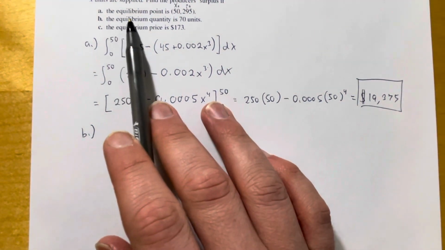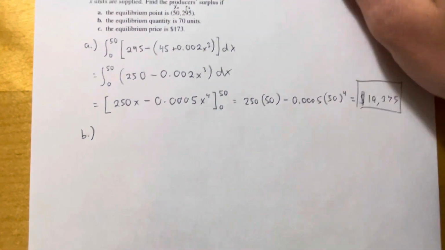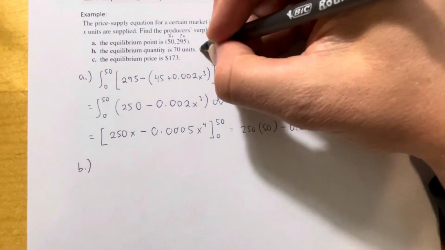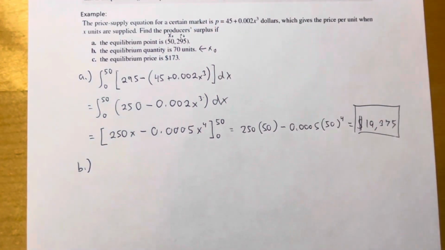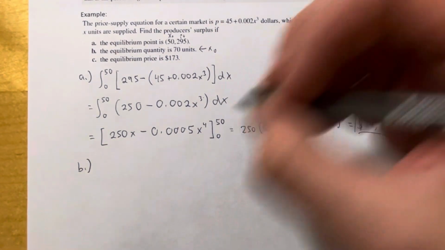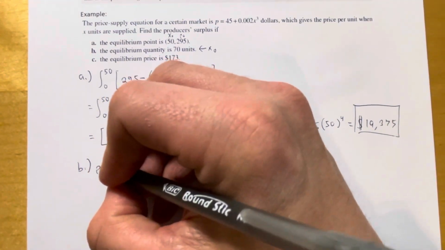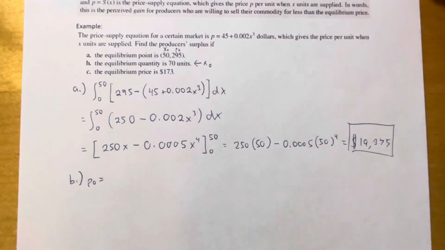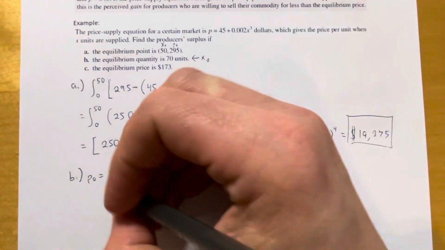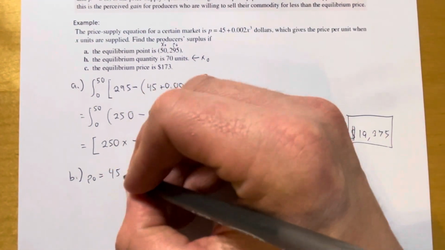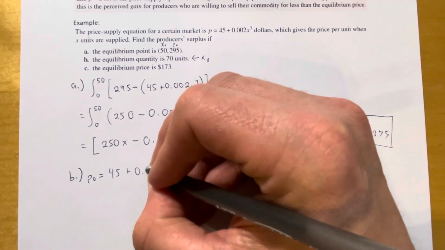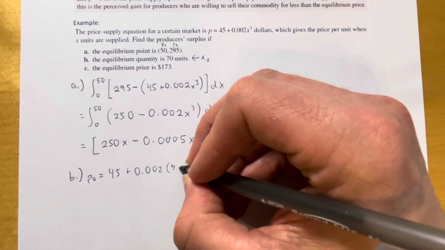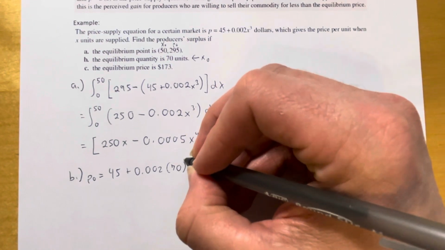First of all, part B, it says the equilibrium quantity is 70 units. Remember, equilibrium quantity is X naught. We do not have P naught, but we can find it by plugging in 70 for the X in our price supply function. So that's equal to 45 plus 0.002 times 70 cubed.